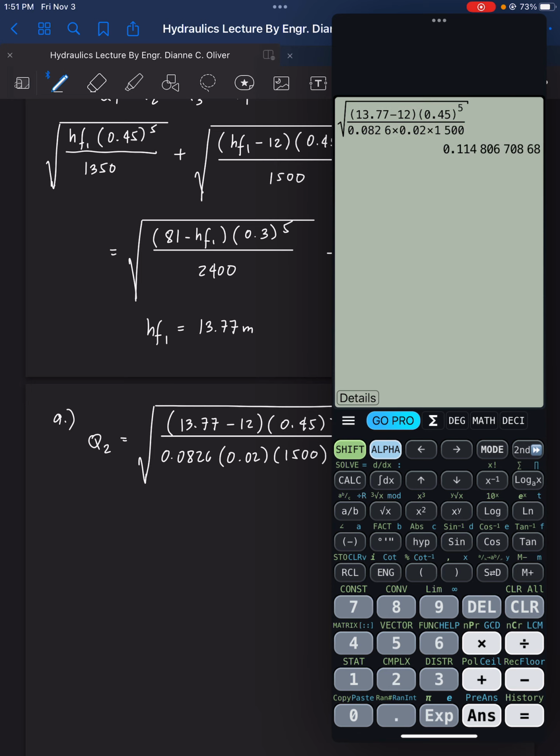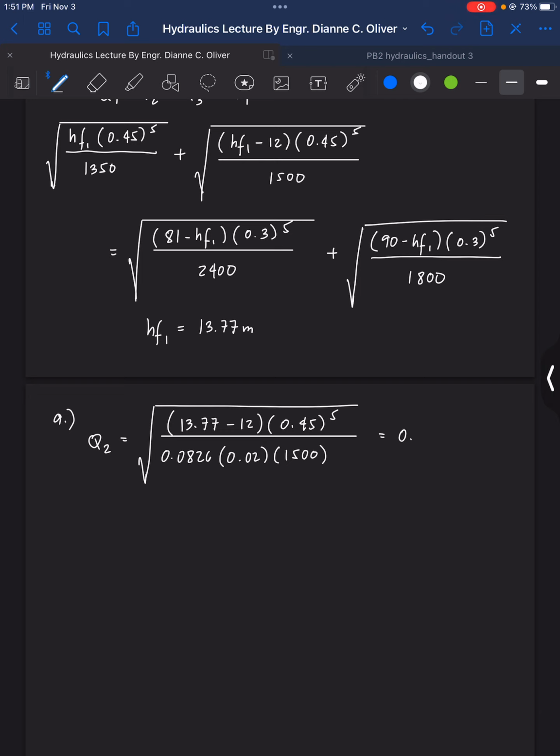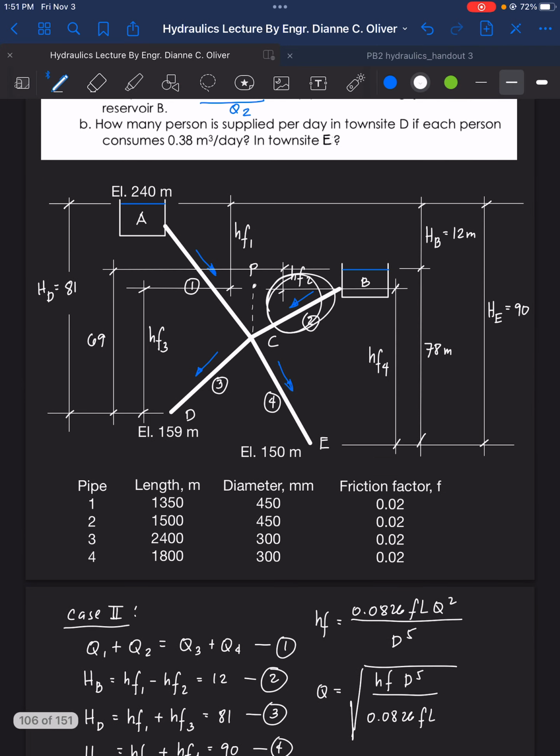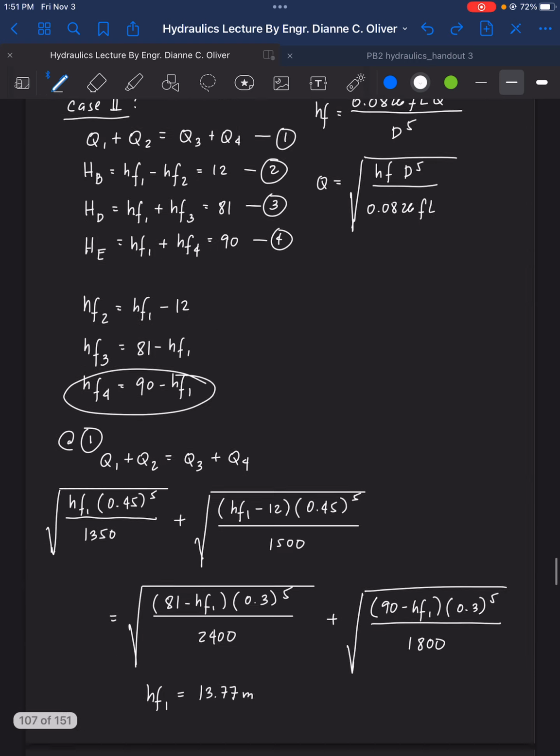So that is 0.115 cubic meter per second. So we get a positive value. That means our assumption is correct. The assumption that the water is flowing from B to the junction C.